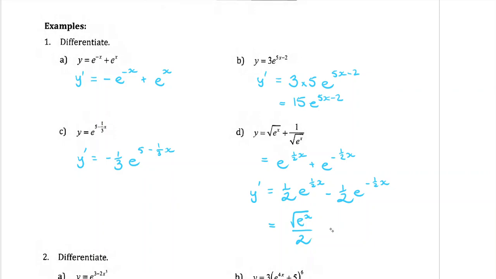Then minus the 2 is going to go on the bottom again, and the e to the negative half x, negative means put it on the bottom, make it a square root of e to the x. What's going to go on the top? A 1. And that's it.